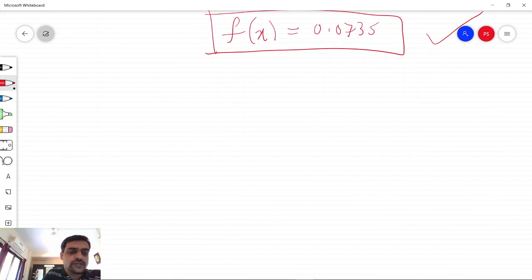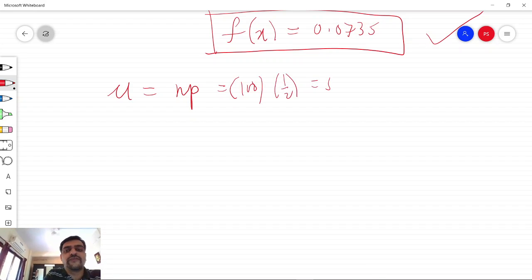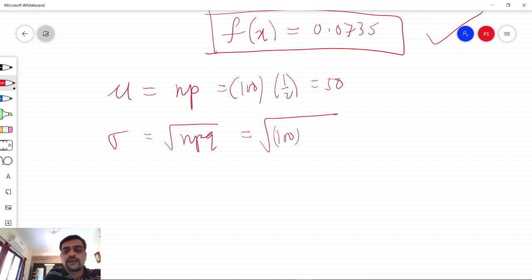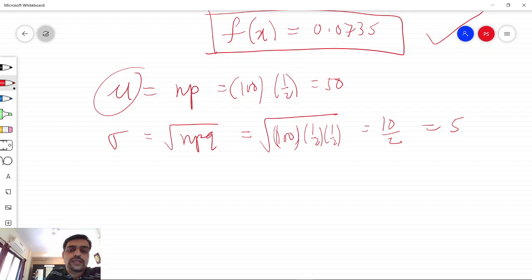In that case, first we need to calculate mu, which is just n into p, which is 100 into 1 by 2, which is 50. And then we need to calculate sigma, which is square root of npq, square root of 100 into half into half, which is 10 by 2. Square root of 100 is 10, 2 into 2 is 4, square root of 4 is 2, which is 5. So mu is 50 and sigma is 5.